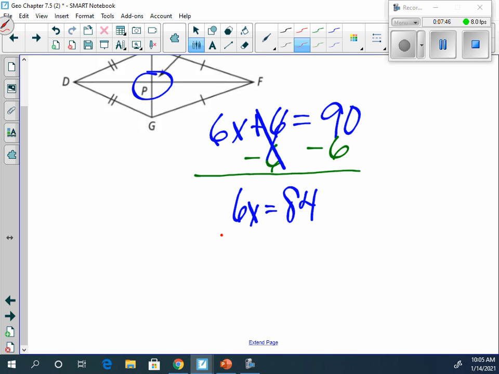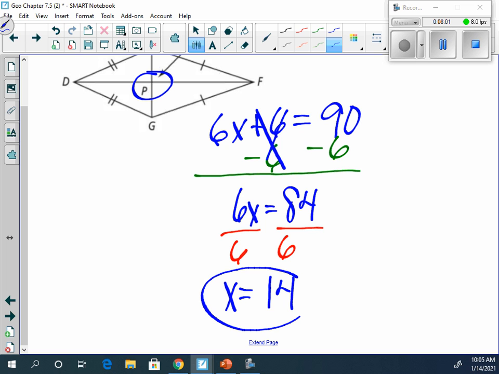And then we would divide by 6. 6 divided by 6 is 1, leaving us with just x. And 84 divided by 6 would be? So the value of x for this here would be 14. And that's all we have to do for this here.